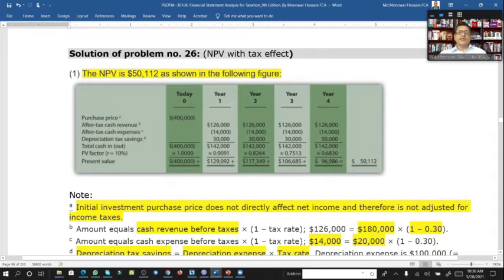If we multiply 0.9091, the PV factor of the first year at 10%, with 1,42,000, we get 1,29,092. In the same way, in year 2 the PV factor is 0.8264 at the rate of 10%.